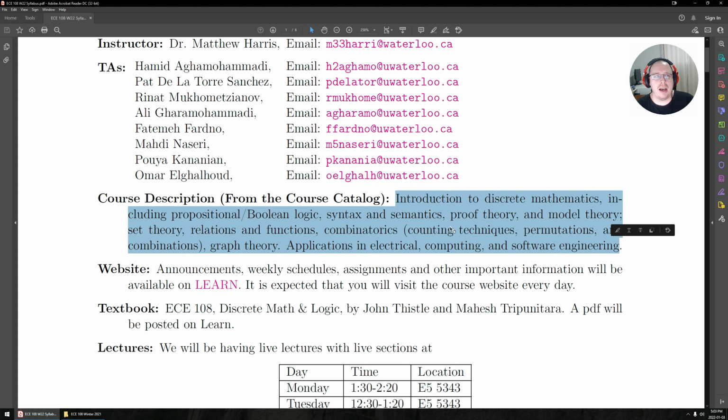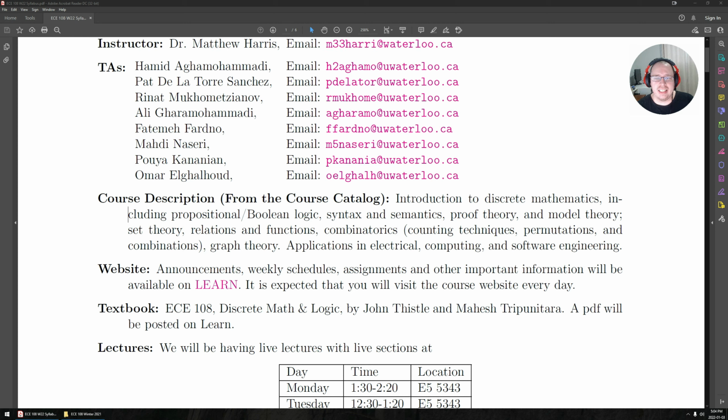Like Math 115, we're going to be doing some pure mathematics, but unlike Math 115, we're going to get into the nitty-gritty a bit more, where the focus will be on proving various things and how to make a formal proof.